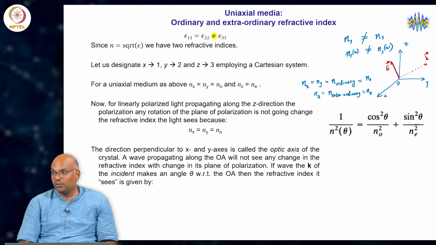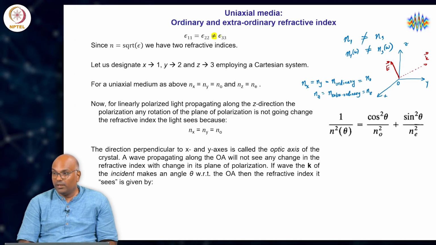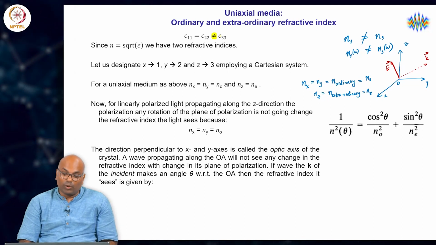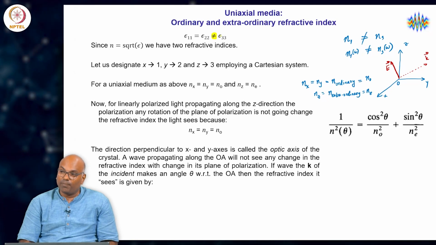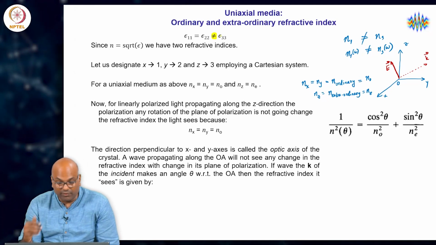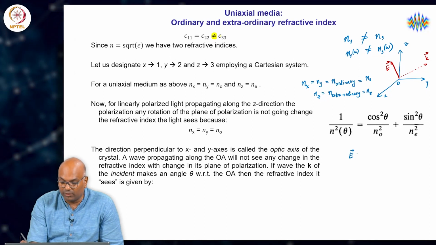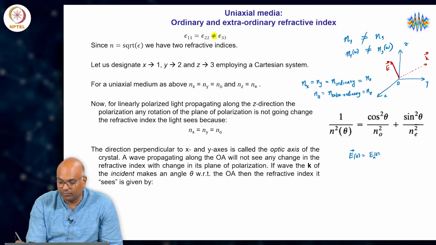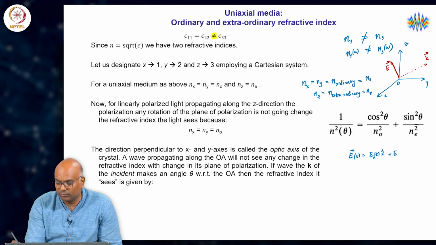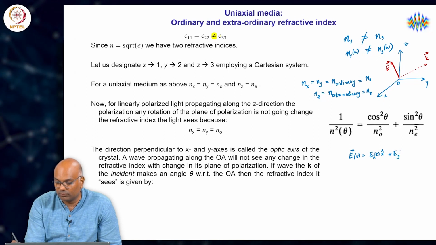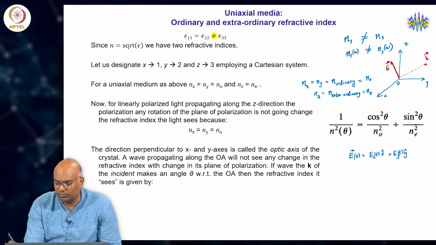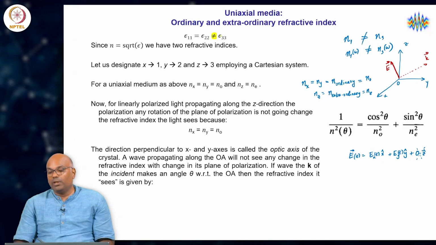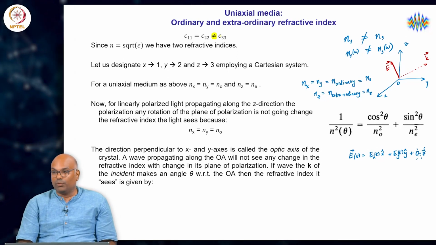Yes, the linearly polarized electromagnetic wave propagating along the z direction can only have an electric field vector such that only the x and y components of the field are non-zero.